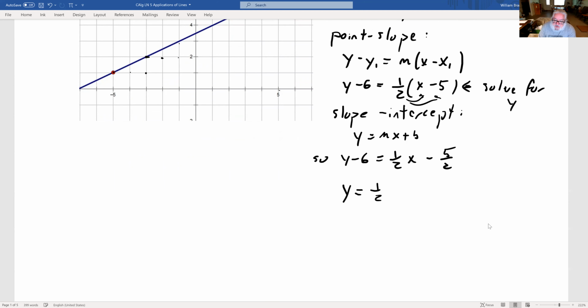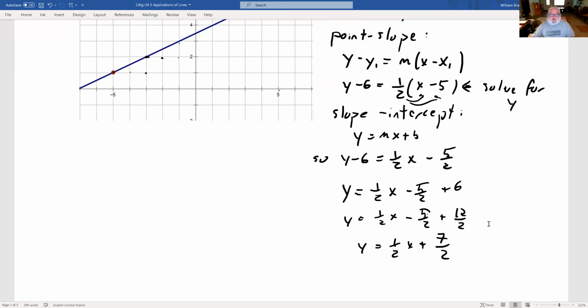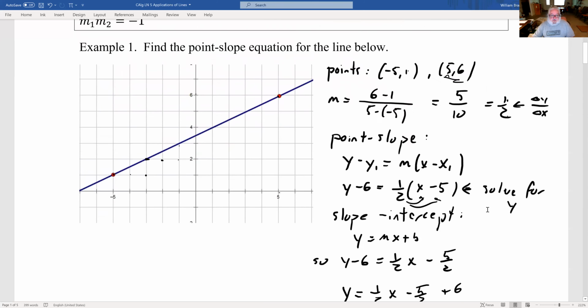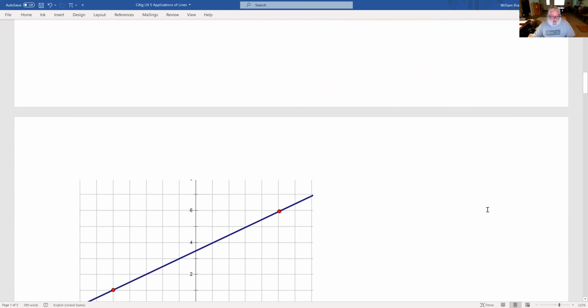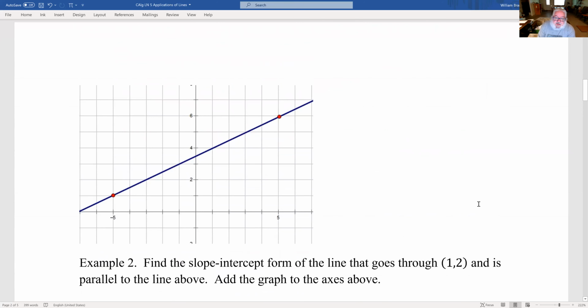Y equals 1/2 x minus 5/2 plus 6, but getting a common denominator, you know that 6 is 12 over 2, so we get 1/2 x, 12 minus 5 is 7. And so this is the equation of our line: y equals 1/2 x plus 7/2. And so here is our line again.